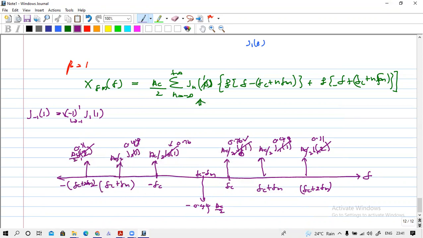And if you want to find the value for minus 2, minus 1 squared, that means plus 1. Okay, so you have plus J2(1) again.